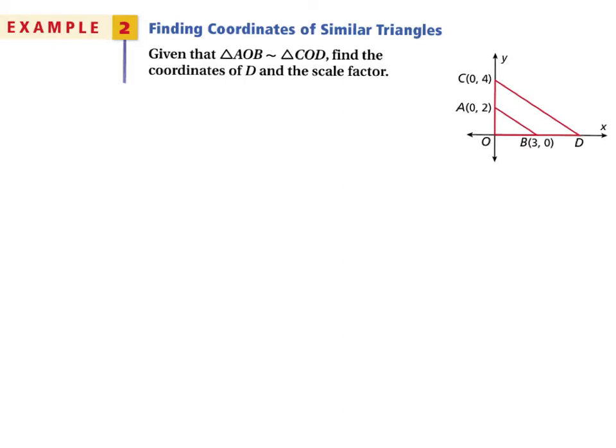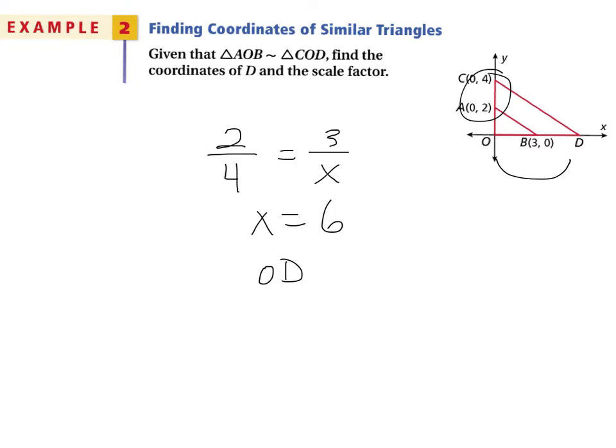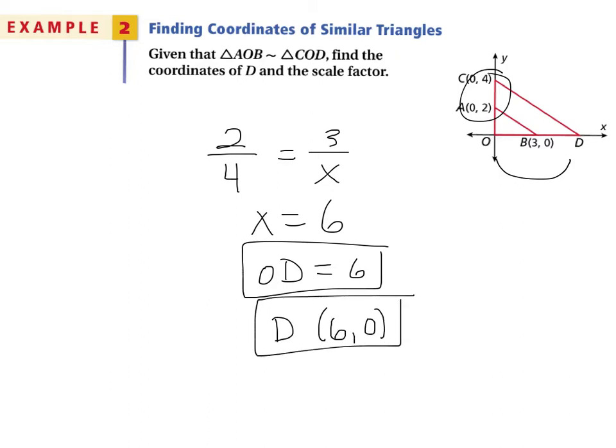We don't use the zeros because that doesn't help us, but we can write a proportion as, for example, 2/4 equals 3 over x. Obviously, we can see that x is 6. Therefore, the length of OD is 6, which gives us D, the point, as the ordered pair (6, 0).